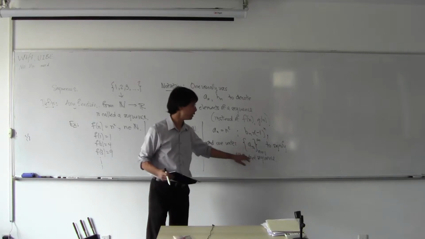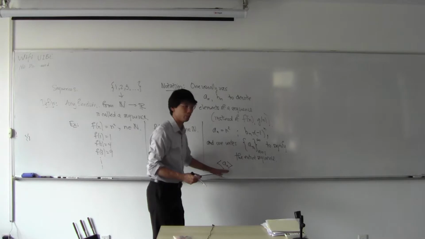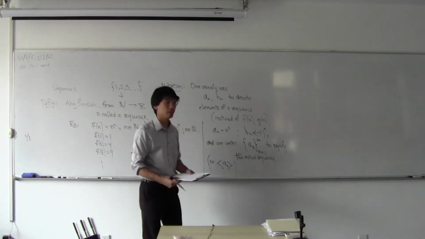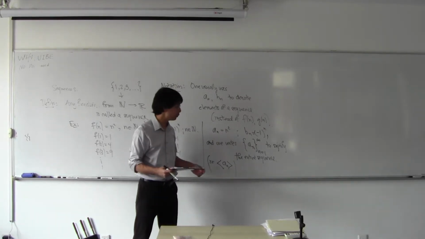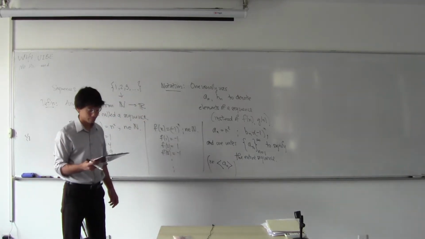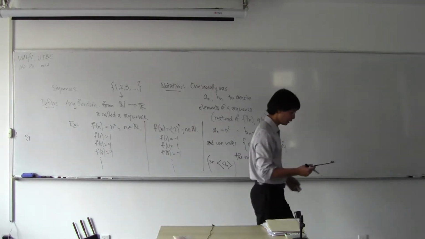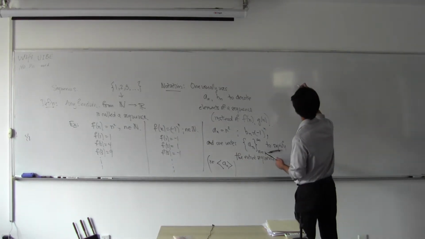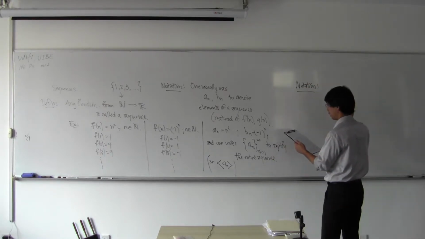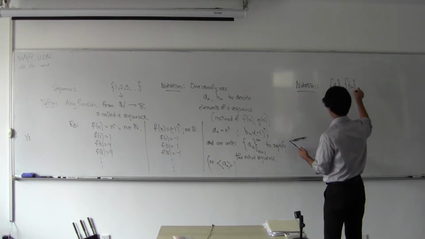Sometimes people use the pointy bracket. I forget which one the book uses. I think the book uses this one. So just some notation, nothing going on. Now you have two sequences, a sub n and b sub n.